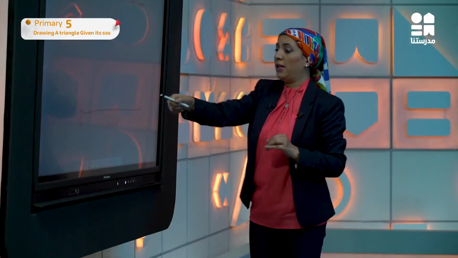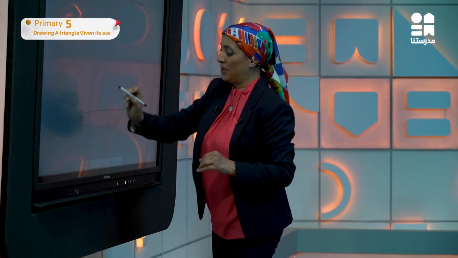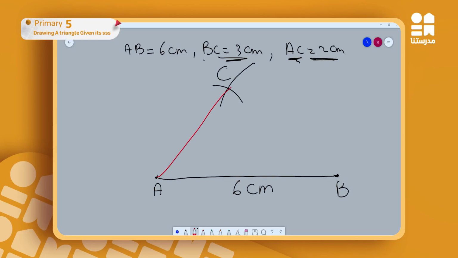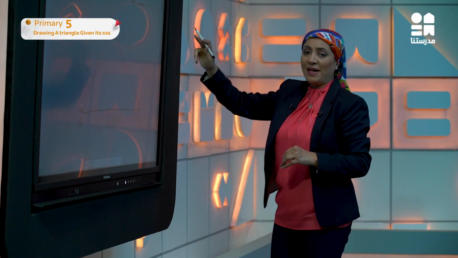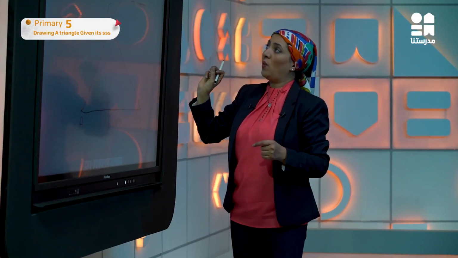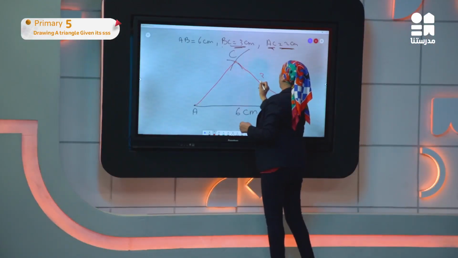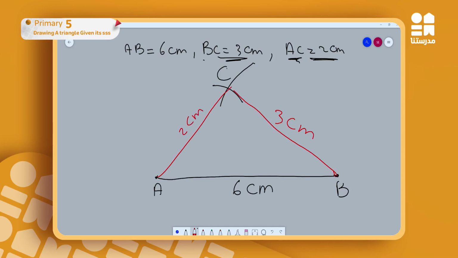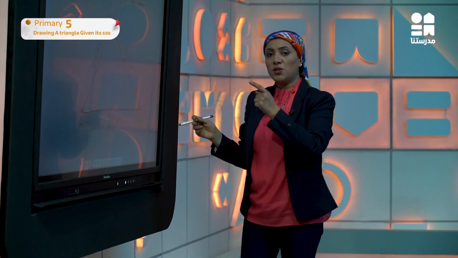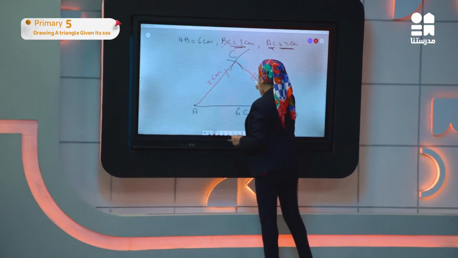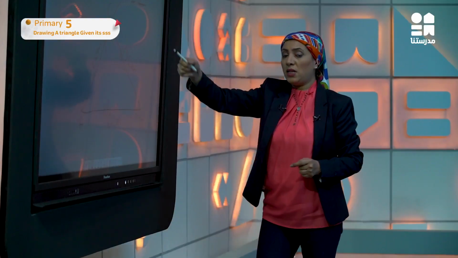So I have finished the 3 points of the triangle, and I will start joining my sides, from A to C and from B to C as well. Then the last step is that I write the length of each one of them. BC is 3 centimeters and AC is 2 centimeters. If I ask you about the type of this triangle according to its sides, this one is not equal to that one, nor equal to the other. So I have 3 different sides.